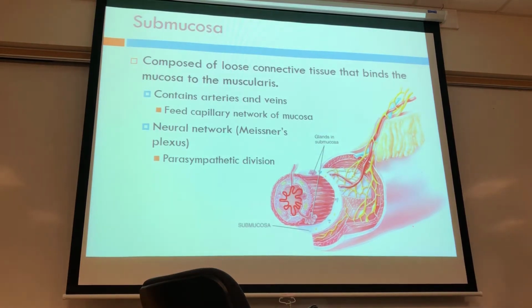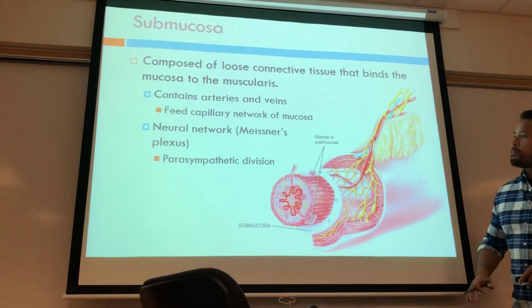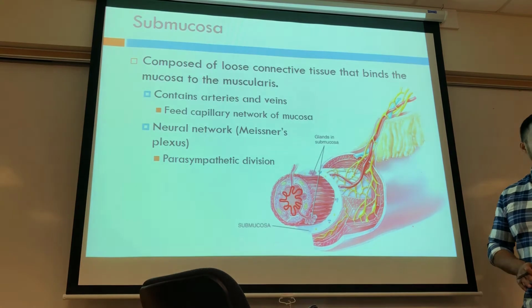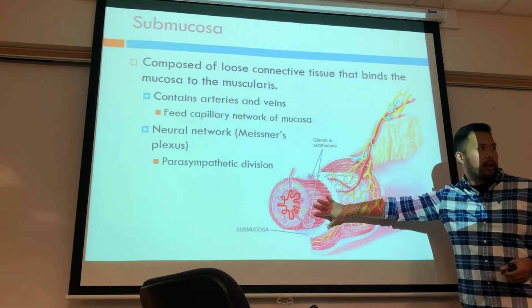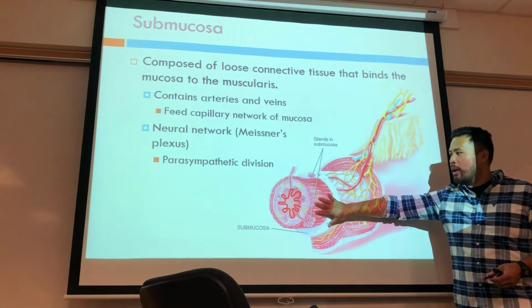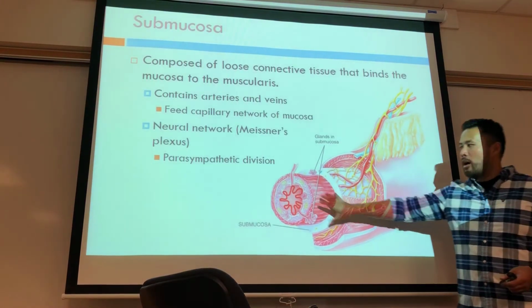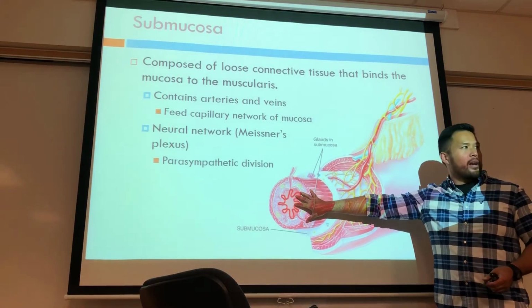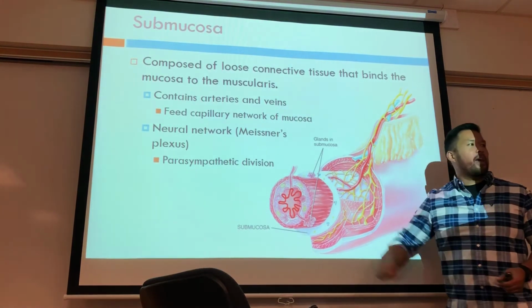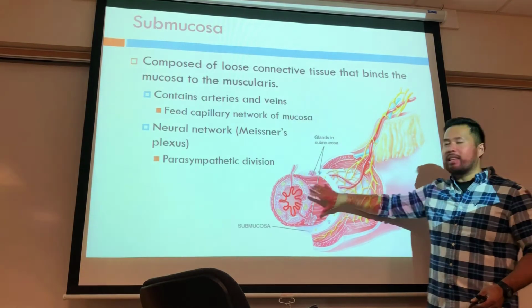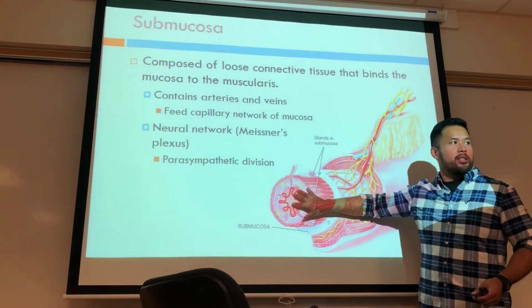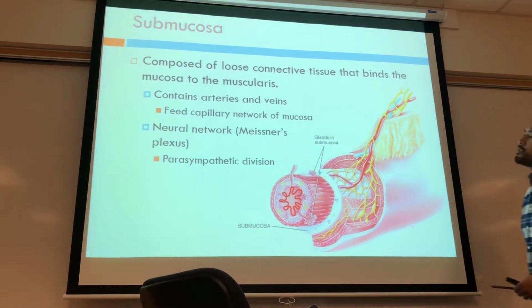That nerve layer is called the Meissner's plexus, and that is going to be the parasympathetic division. These are parasympathetic pathways that come in and innervate the mucosal layer. So this is what we're doing to increase the blood flow to the mucosal layer. Again, parasympathetic pathways, just like you saw in the test, allow vasodilation to increase blood flow to the mucosal layer.